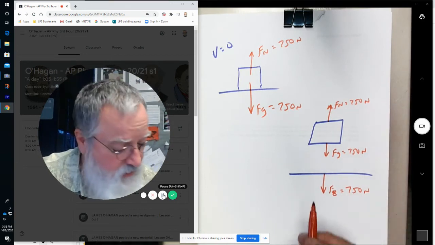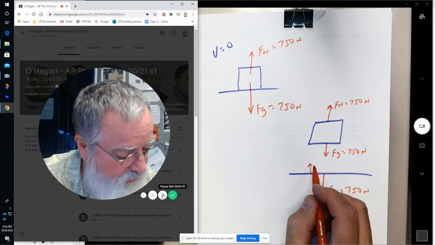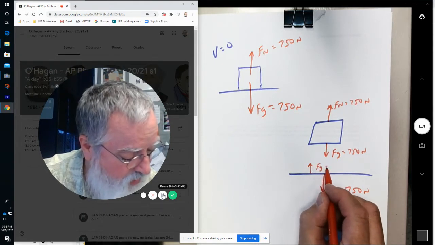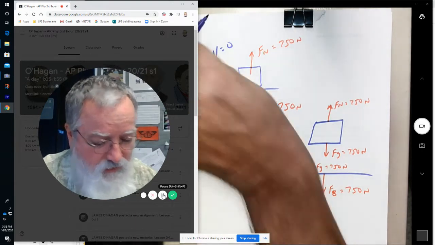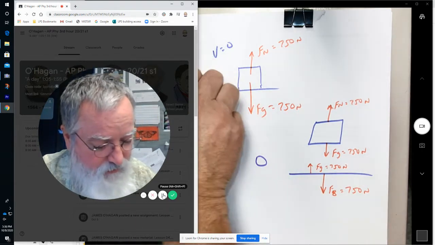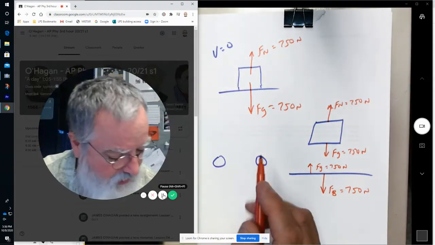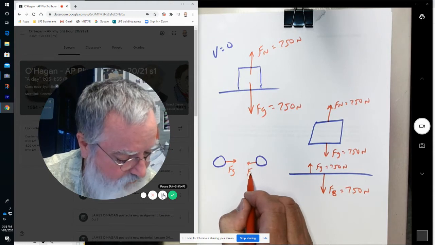Hey, you want to know what else? This person pulls up on the Earth with a force gravity of 750 newtons. Because if you recall, any two objects out in space, which is coming later in the class, will apply a gravity force on each other.